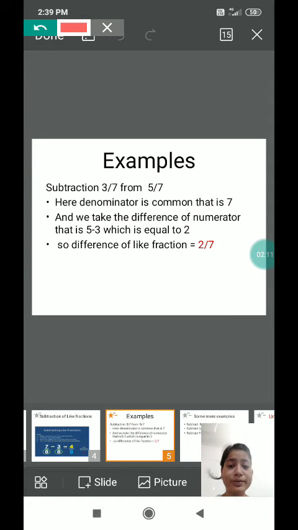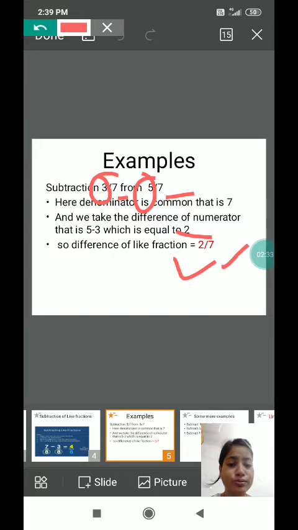As we know these are like fractions, we just write the denominator 7, and then take the difference of the numerators, 5 minus 3, which is 2. So our answer is 2 by 7.